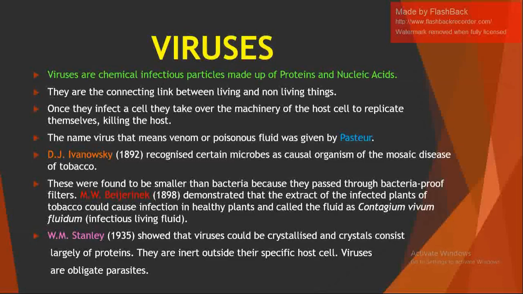It acts as a disease-causing organism only when it enters the host tissue. Here the host is the tobacco plant. In the tobacco plant, it causes a disease known as mosaic disease. Hence, this is popularly referred to as tobacco mosaic virus.